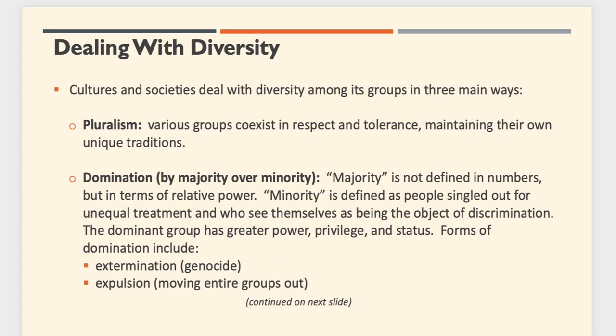Cultures and societies deal with diversity among their groups in different ways. There are three main ways in this particular way of seeing this issue. One is pluralism, and this is a society, and really this is what we tell ourselves America is all about, or what we once believed at least about America, that various groups coexist in respect and tolerance, maintaining their own unique traditions.